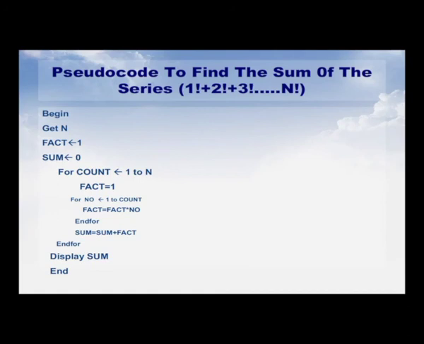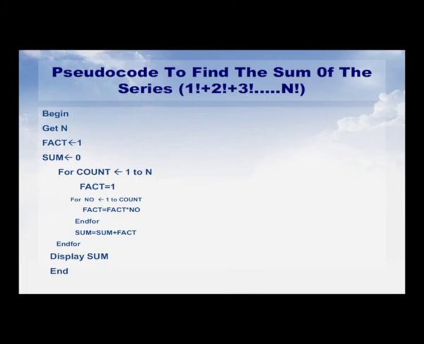If the number is 2, fact is 1 into 2. If the number is 3, fact is 1 into 2 into 3. This continues and finds the factorial, and after computing the factorial, it adds the factorial to the sum. Sum is equal to sum plus fact.